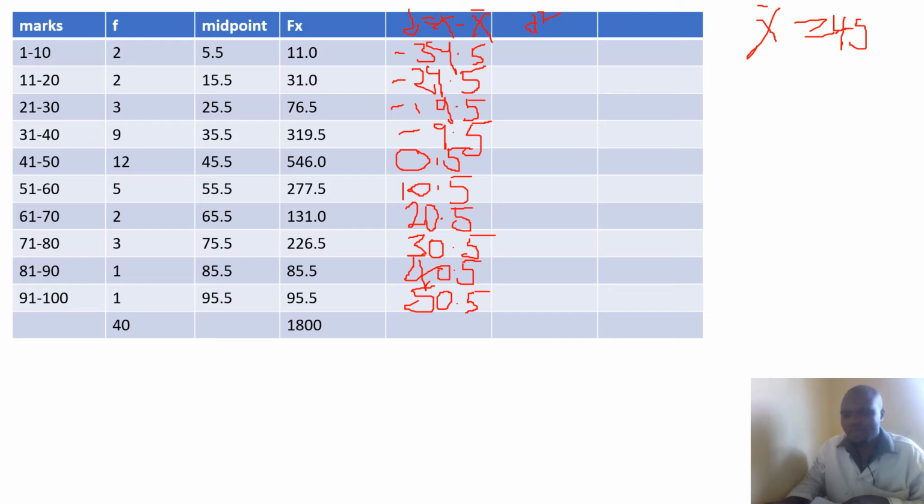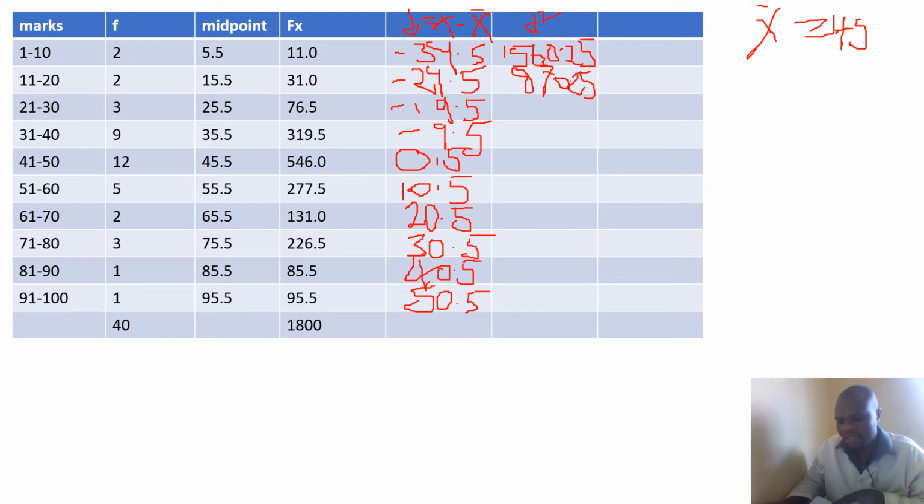So if we square these, you get 870.25, and if you take 29.5 squared, negative, you get 870.25.